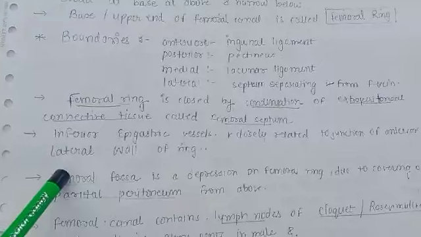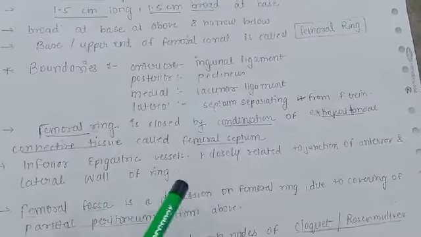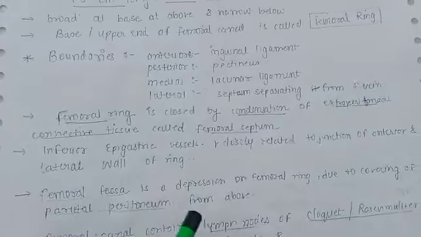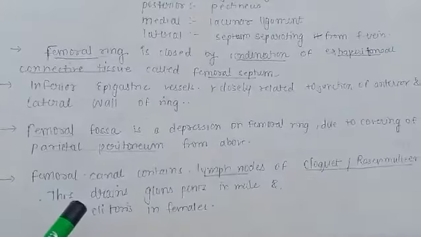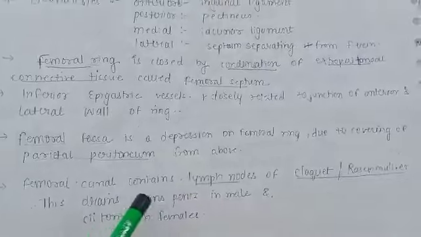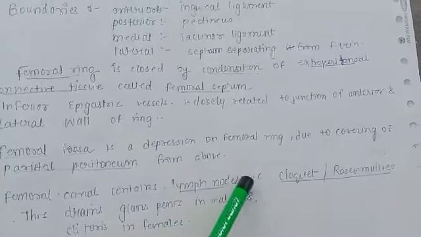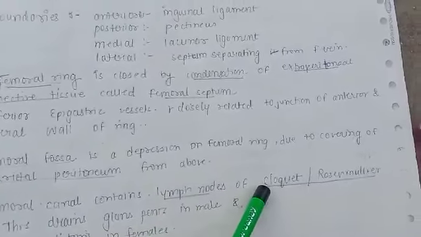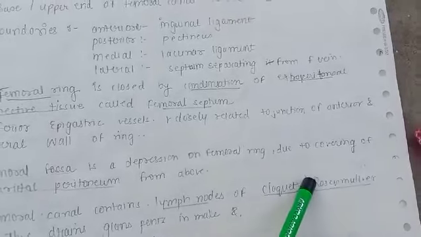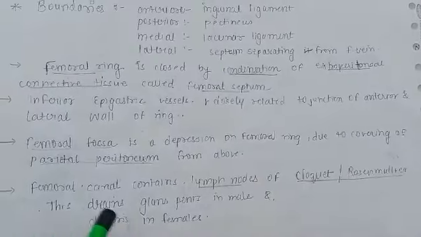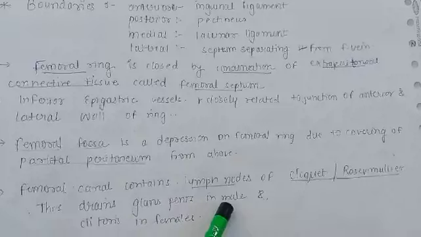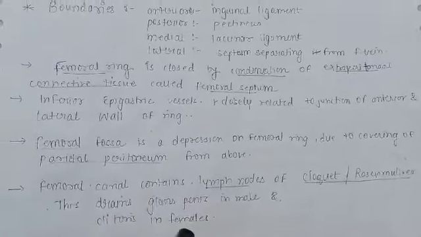Here comes the femoral fossa, which is a depression in the femoral ring due to the covering of the parietal peritoneum from above. Next, the femoral canal consists of the lymph nodes of Cloquet, or Rosenmuller, and this drains from the glans penis in male and clitoris in female.